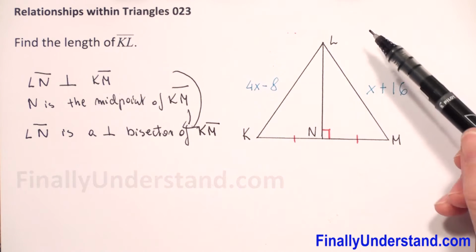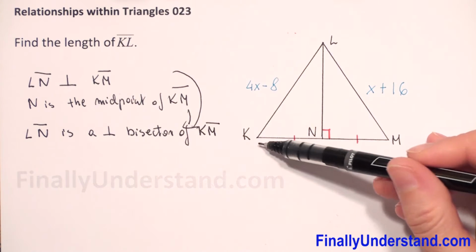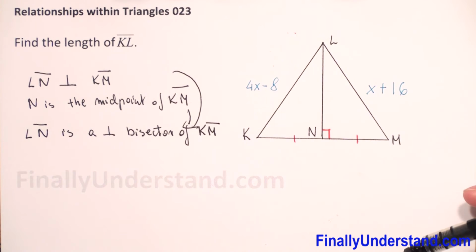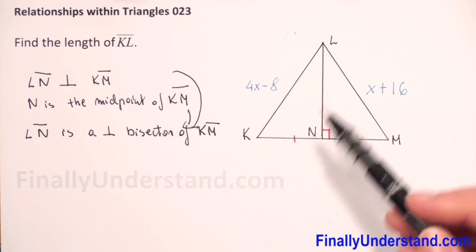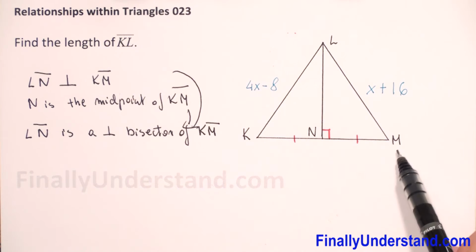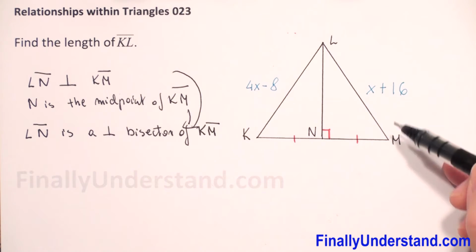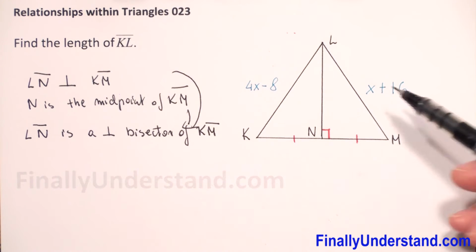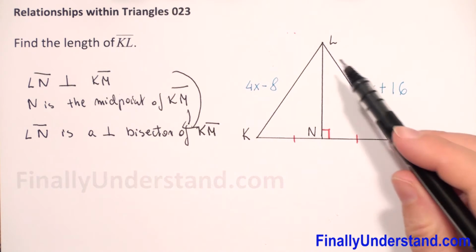So now if we know that LN is perpendicular bisector of KM, we can use the perpendicular bisector theorem, and by this theorem we know that if LN is perpendicular bisector of KM, then sides KL and ML are congruent. It means that KL is equal to ML.